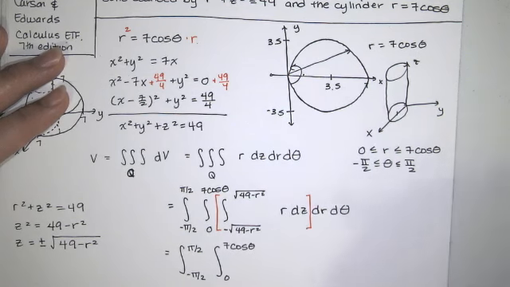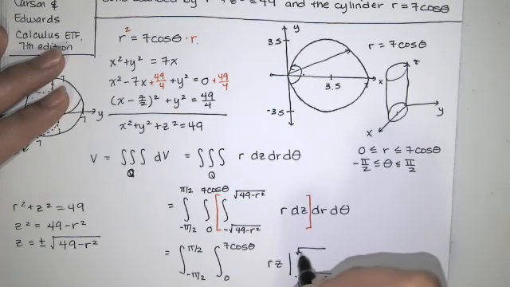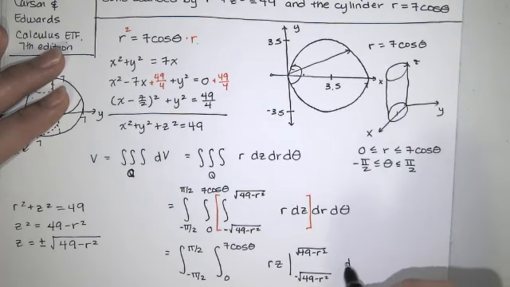The antiderivative of r with respect to z is just r times z, and we evaluate from this lower bound to this upper bound. And that leaves us here.